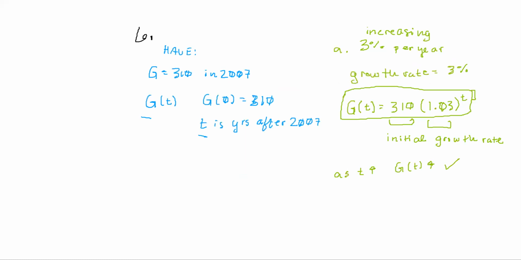All right. Now you guys help me out, not with A, with B. Now we have $8 billion per year. What is this function going to look like?